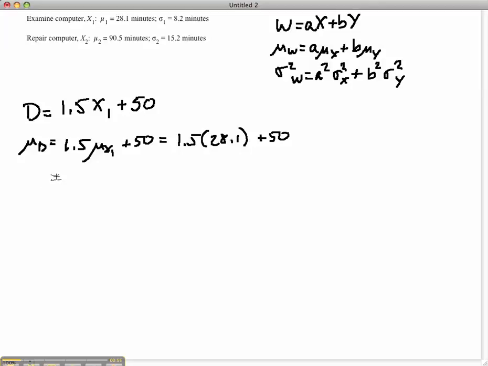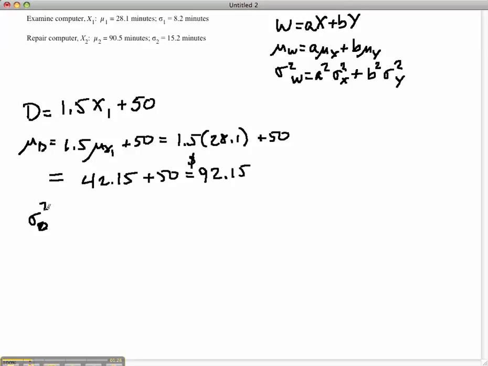And that equals, let's see, 42.15 plus 50, so 92.15. So on average it will cost $92.15 to diagnose the computer but not let them fix it.